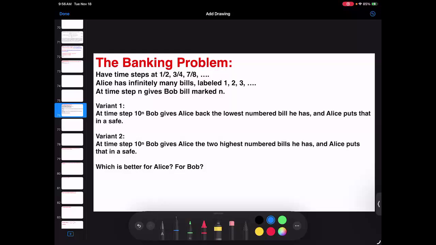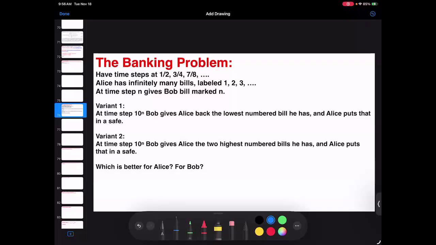Seems reasonable, right? At any finite moment in time, if you're Bob, will you give Alice back more money in method one or more money in method two? At any finite moment in time, you're going to give back twice as much money to Alice in variant two.